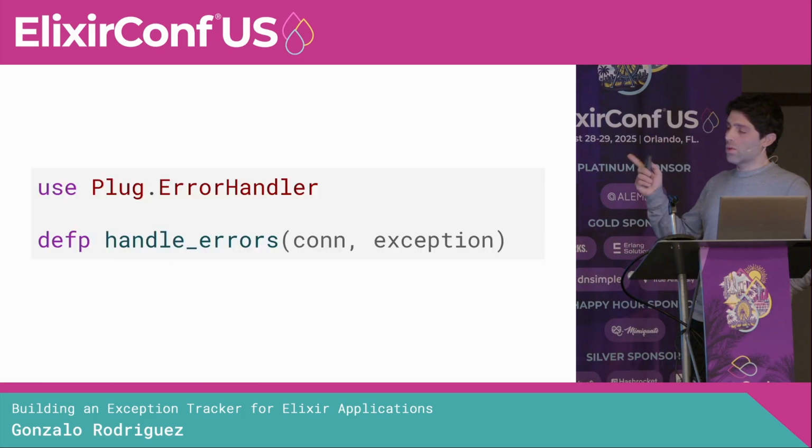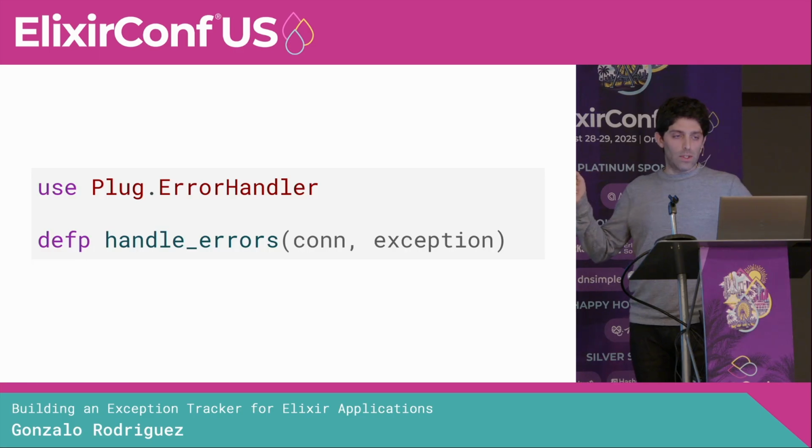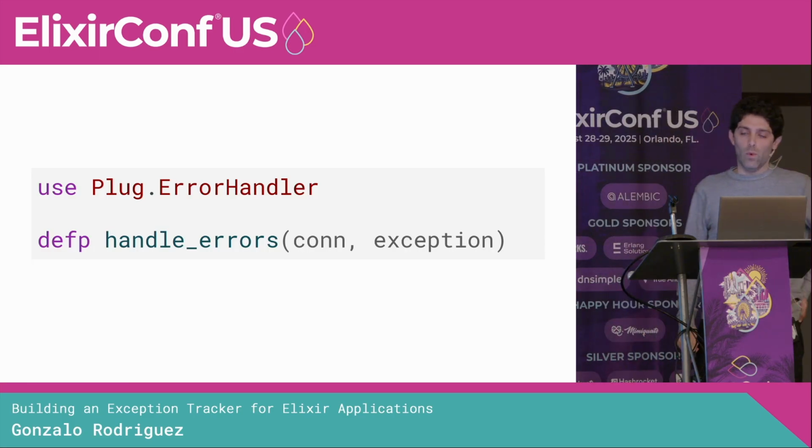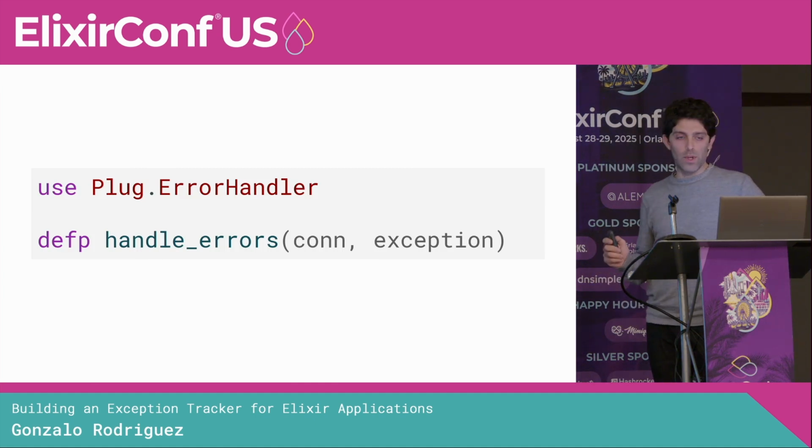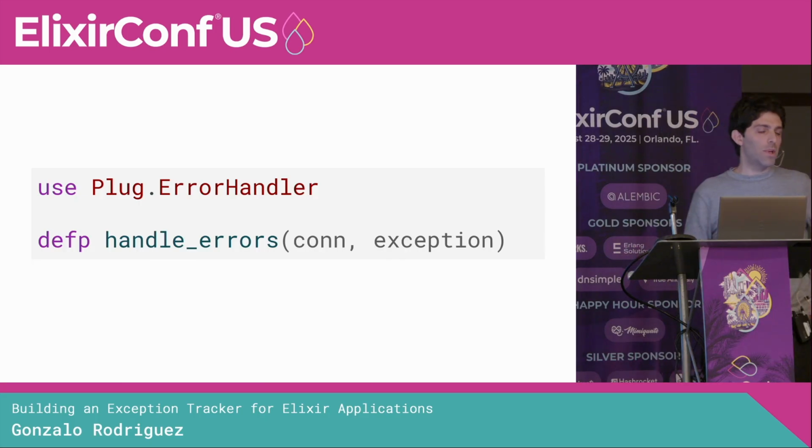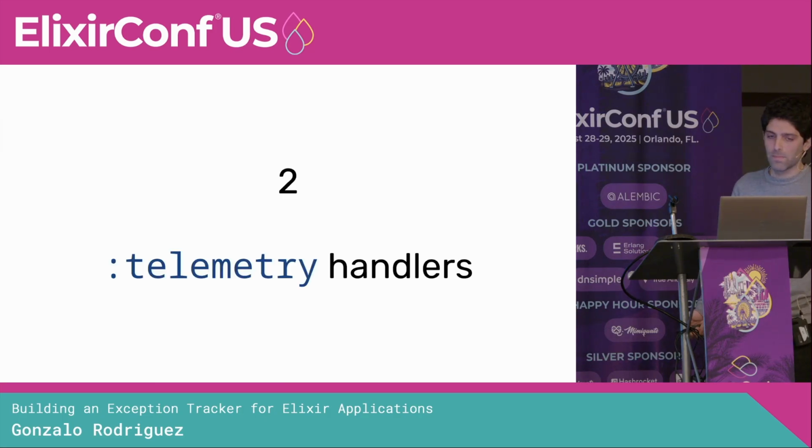That is to say, use the module in the router and handle exceptions with this callback, with the important note that this will only listen to exceptions occurring in web requests, not exceptions happening in other processes like background tasks or other independent processes part of the supervision tree.